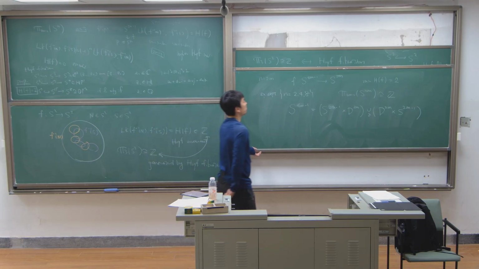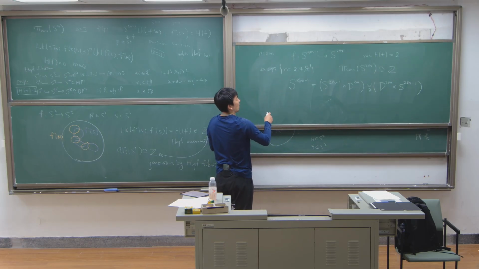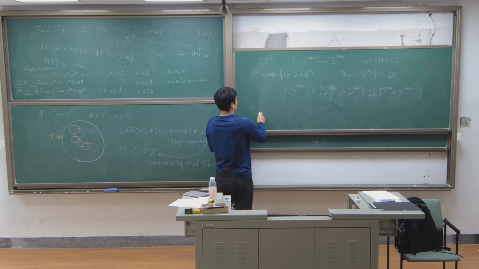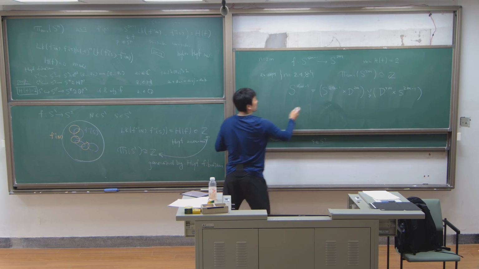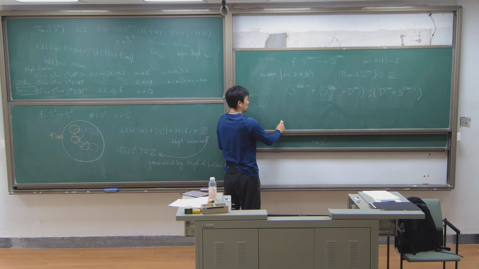But for instance, when m is equal to 1, you can have the following thing. So one is this. Here m equal to 1 is just S1 times D2. So that is a solid torus.